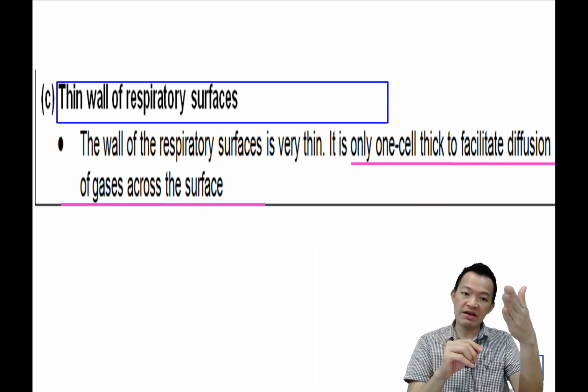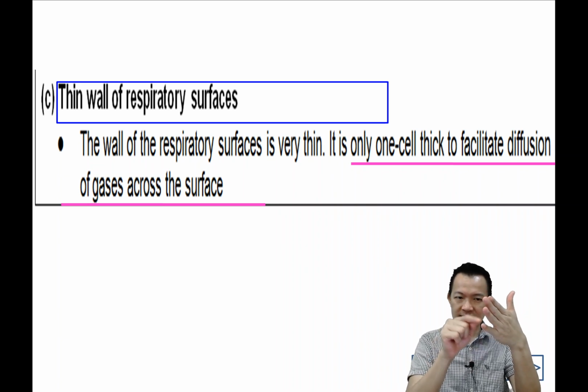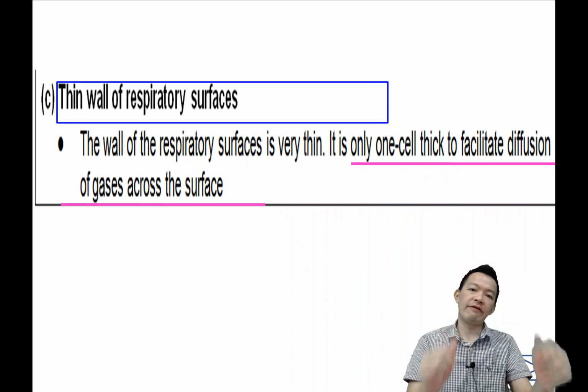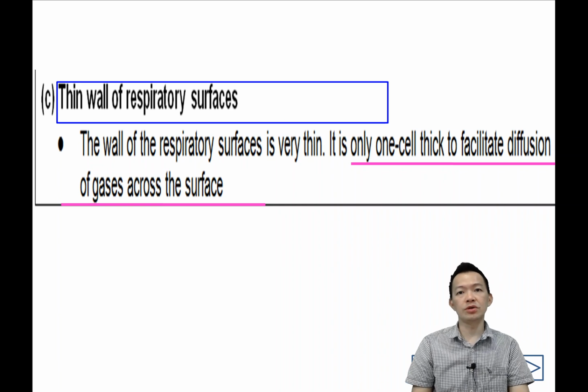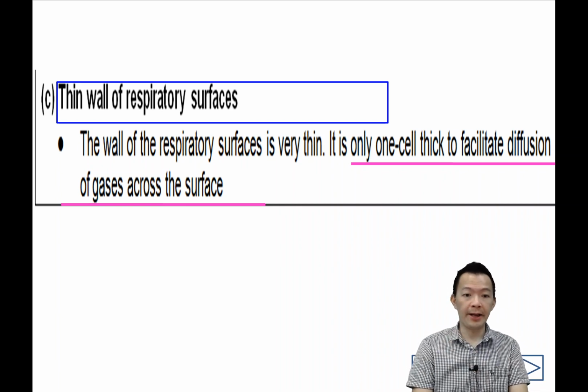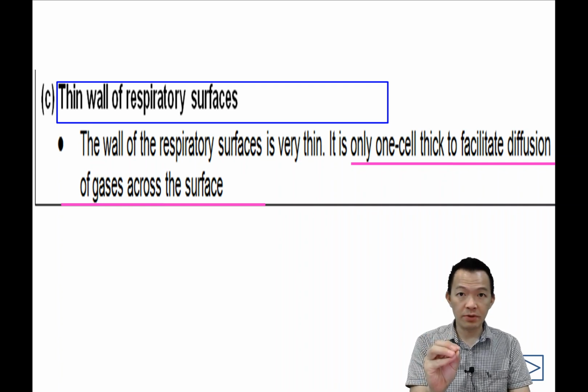So thin surface, only one cell thick, to facilitate the diffusion of gas, 给空气更容易渗透过去. Okay, that's all, 就这样子罢了.